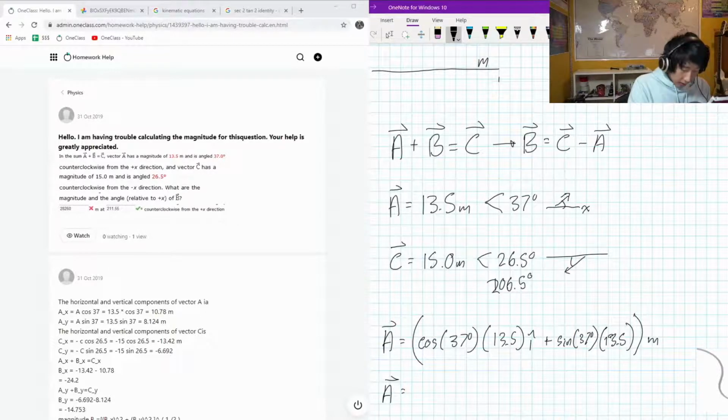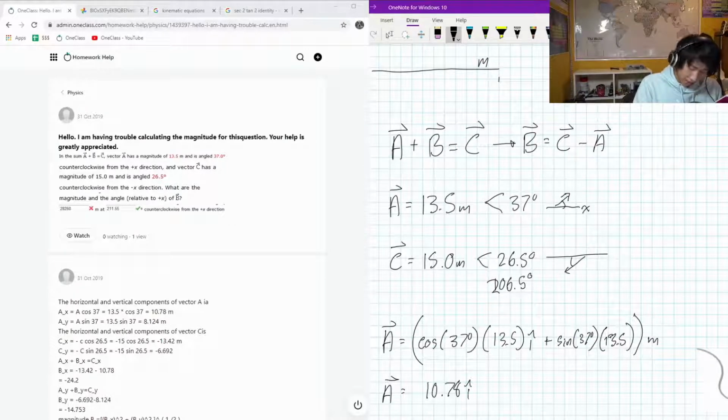Cos 37 times 13.5, I got 10.78i, and then the same thing but with sine 37 times 13.5, I got plus 8.12, wait, 13.12 in the j direction.